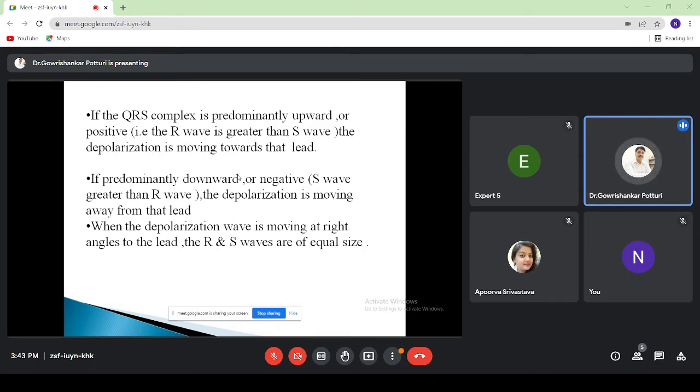If predominantly downward or negative, that is the S wave is bigger than the R wave, then it indicates the depolarization is moving away from that lead. If it is positive, it is moving towards that lead, and if the S wave is greater, then it is moving away from that lead. When the depolarization wave is moving at right angles to the lead, then the R and S waves are of equal size.